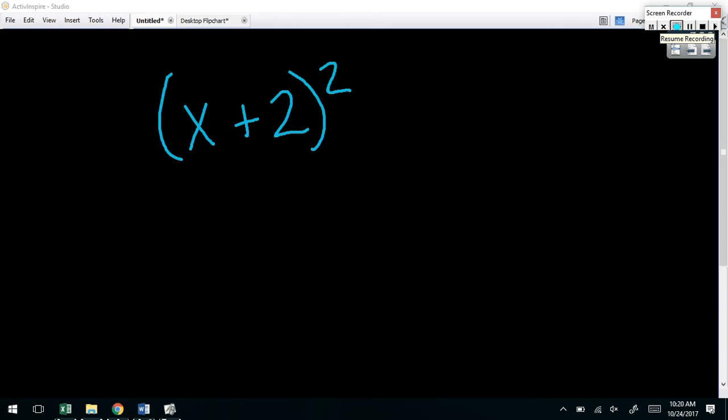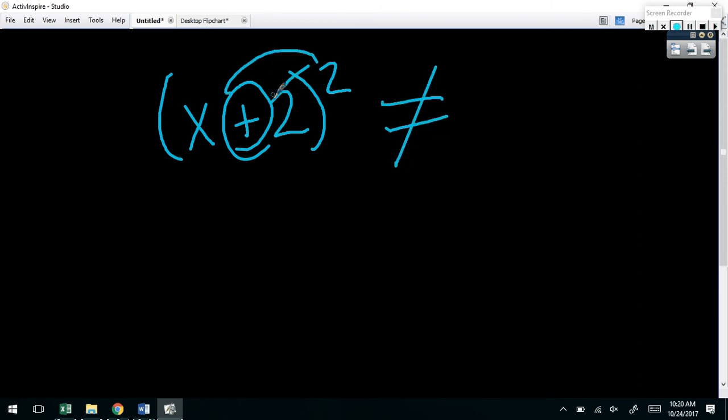Don't write this on your foldable, but I feel like I must show you this. The difference in this and what we've been doing is it's not a product. There's a plus. You never, never, never distribute when you're adding in parentheses or subtracting.